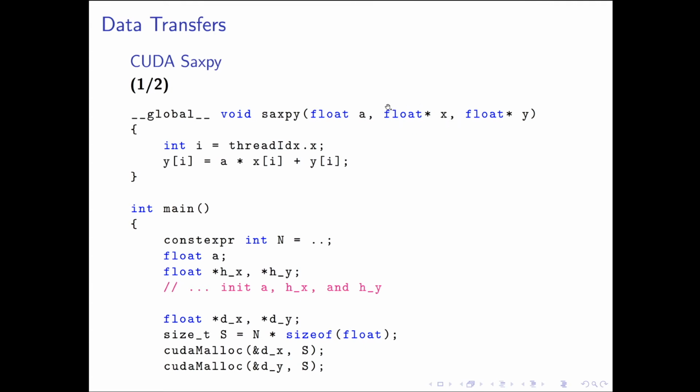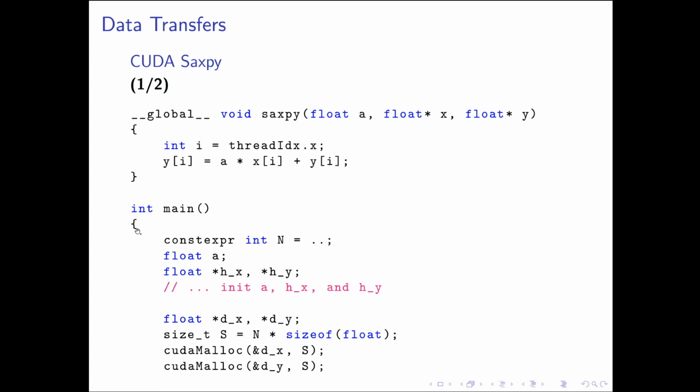There are actually other very special pointers, so-called managed pointers, that aren't so important right now. So suffice it to say that at the moment for us, those pointers that we pass in here are device pointers. We cannot just pass host pointers in here and dereference them, because in the kernel we are on the device. When we dereference those pointers, we have to make sure that those pointers live on the device.